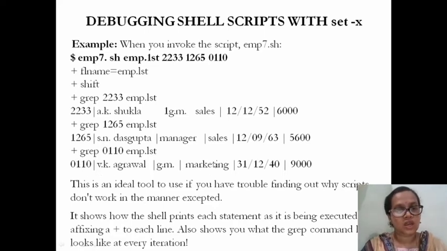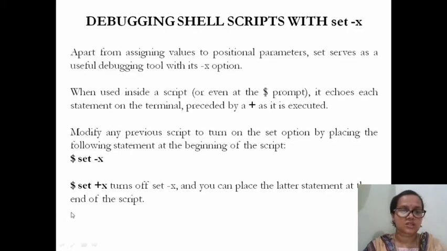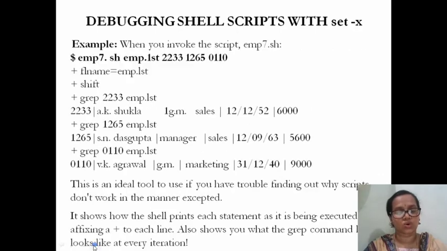This is the same as using F7 in your C language, where F7 is used for the debugging mode, isn't it? In the same way here also you can get into the debugging mode just by setting the set command minus x at the beginning of the script which you want to run.